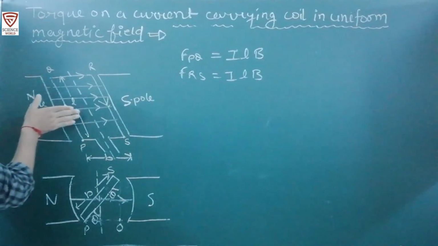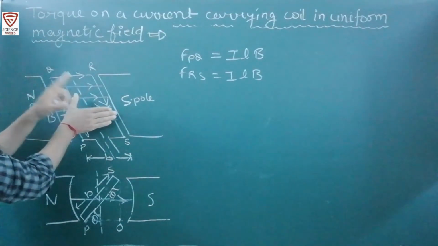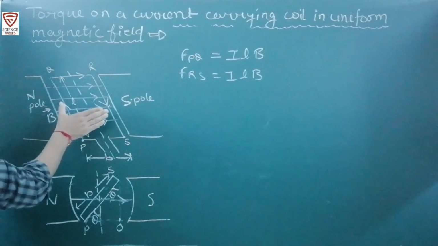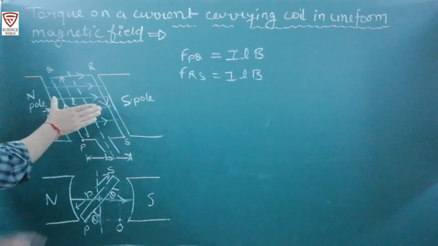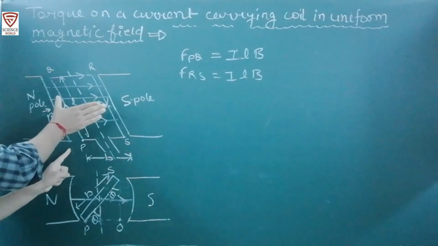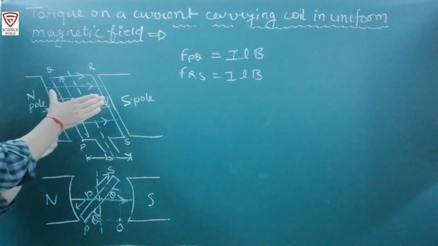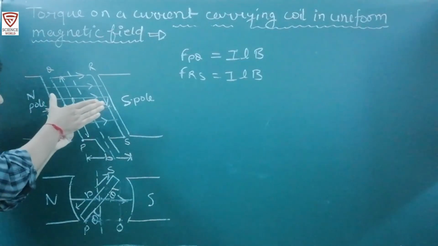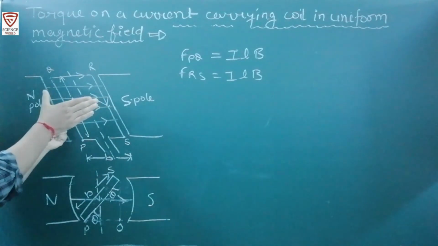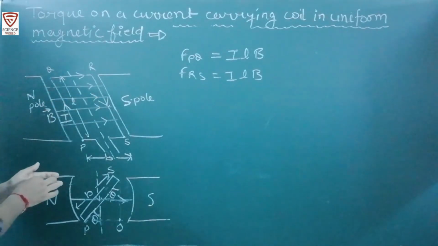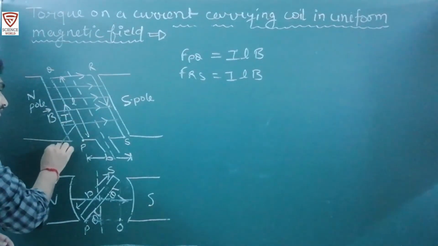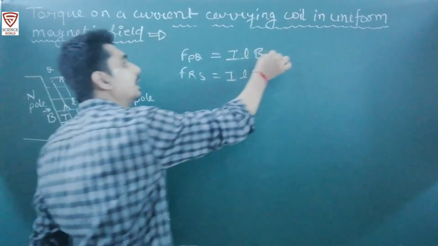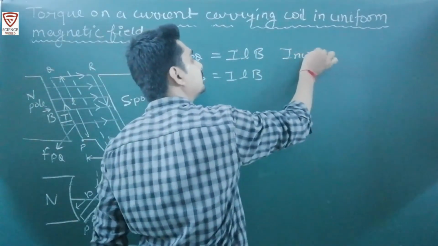The direction of magnetic field is towards the fingers, and the direction of current is towards the thumb. The magnetic force will act on that segment, and its direction will be perpendicular to both thumb and fingers, inward from the plane. So F_PQ will act inwards.